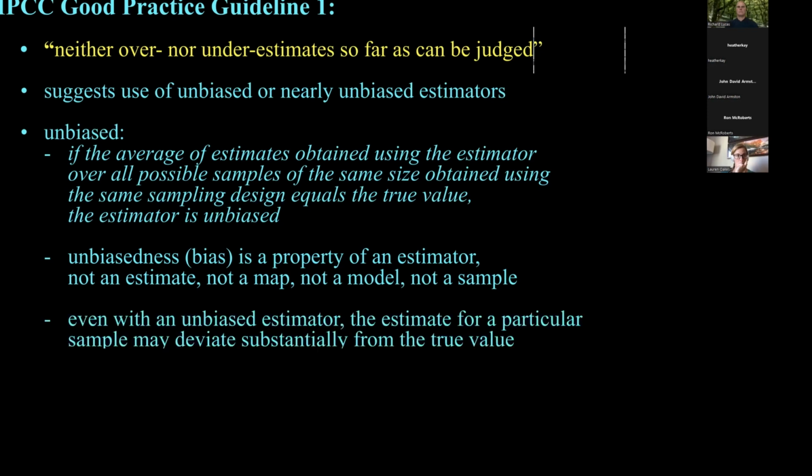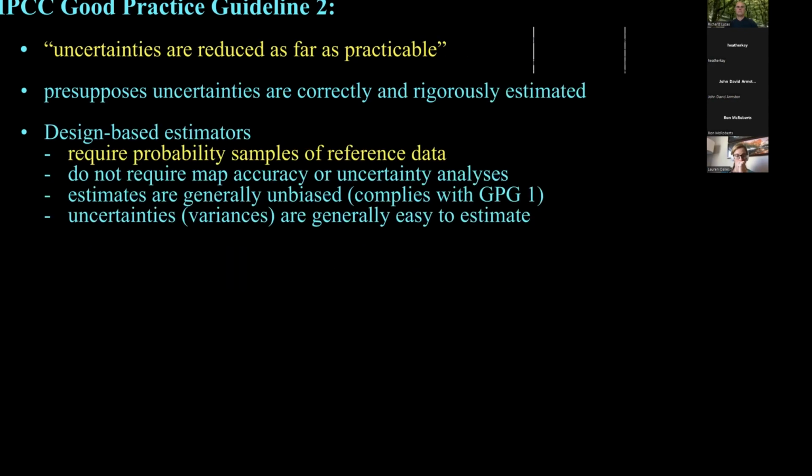even with an unbiased estimator, the estimate for a particular sample may deviate substantially from the true value. That's why we want to do uncertainty assessments, and that's why we have the second guideline. We want to reduce uncertainties as far as practical.